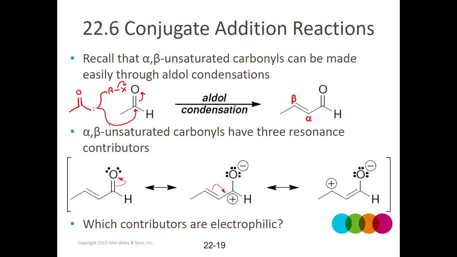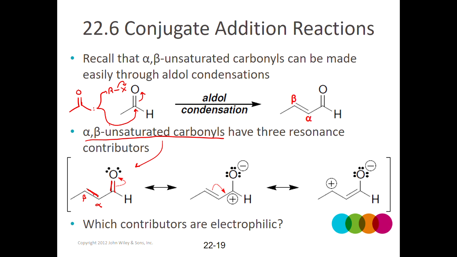We can also get an enolate to attack the beta position of an alpha-beta unsaturated carbonyl. Here's an alpha-beta unsaturated carbonyl. What makes it an alpha-beta unsaturated carbonyl is that we have a carbonyl, and then between the alpha and beta carbons next to that carbonyl, there's a site of unsaturation, or a pi bond, or an alkene.